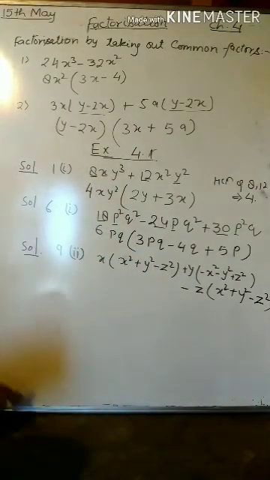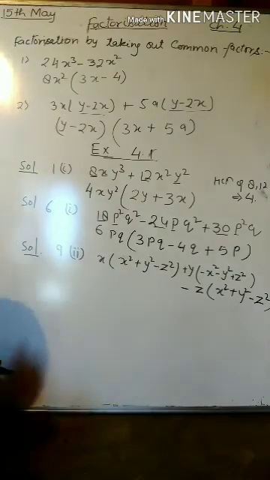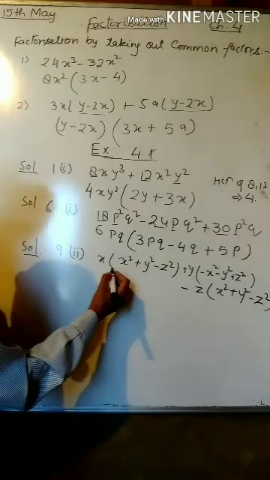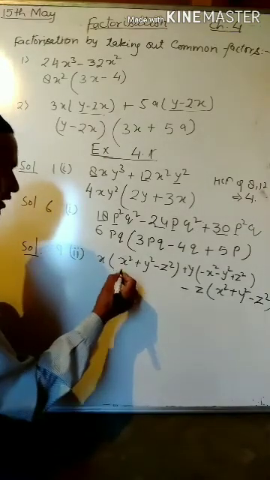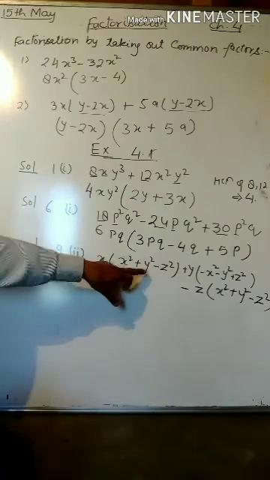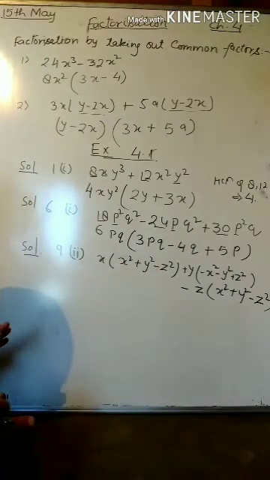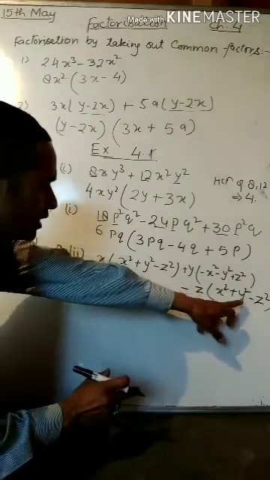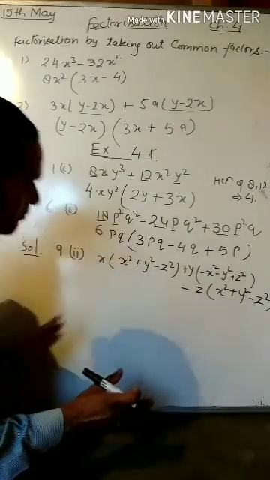Here is a little bit creative question. You have to use your mind. See here, in the first term, in a bracket, x square plus y square minus z square. And in the third term, again in the bracket, x square plus y square minus z square, both are the same.